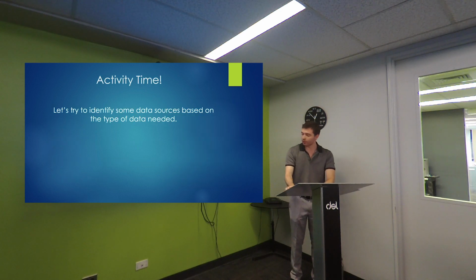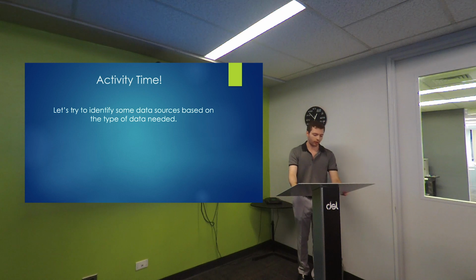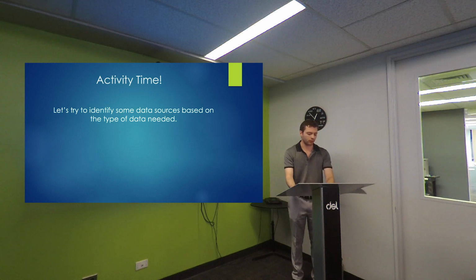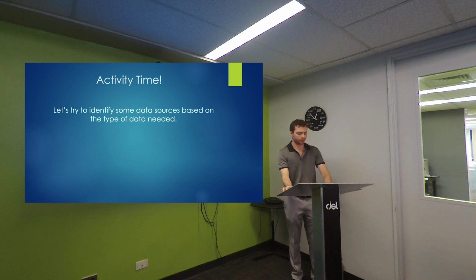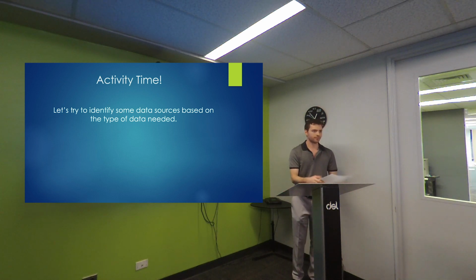And now we've got a little bit of time for an activity, and I've passed out the handout. So all we're going to do is just pick one of these scenarios, hopefully one relevant to what you do, and try to find some data sources that would work for these. Do we have more?